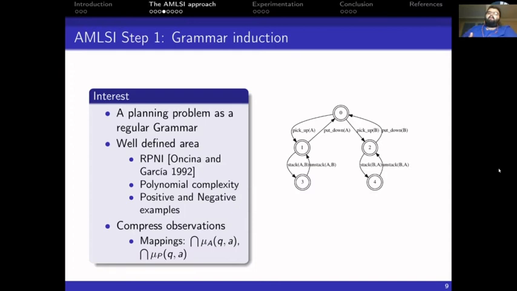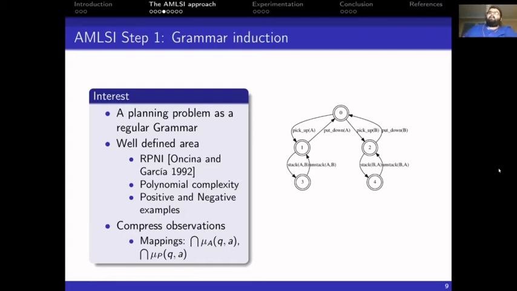A planning problem can be represented as a regular grammar. Here we have an example of a regular grammar representing a problem from the blocksworld domain. The interest of regular grammar induction is that it is a well-defined problem with existing algorithms like RPNI. Then, representing our problem as a regular grammar allows us to compress observations in mappings.